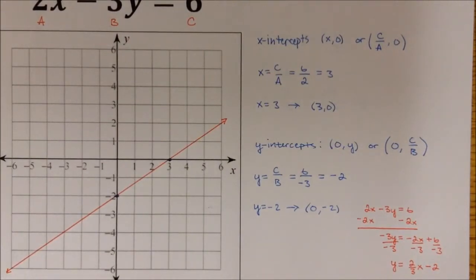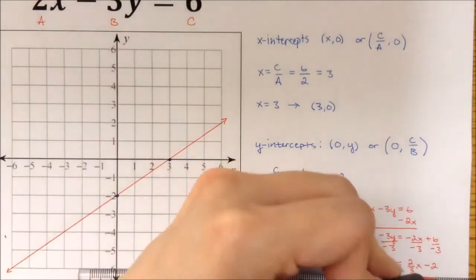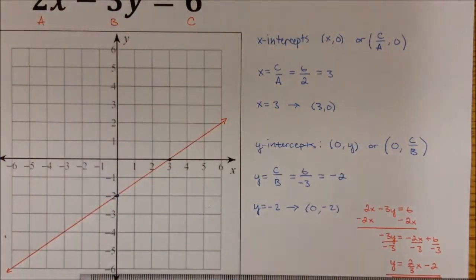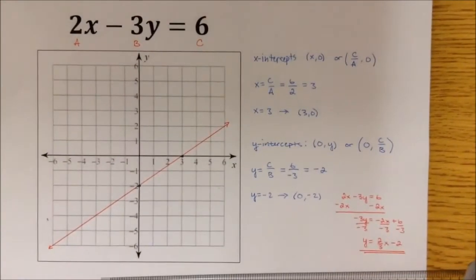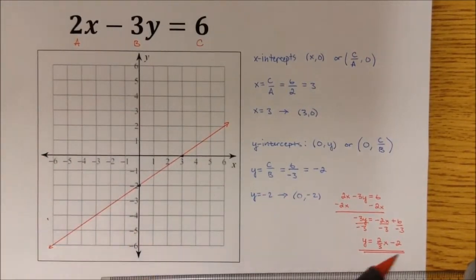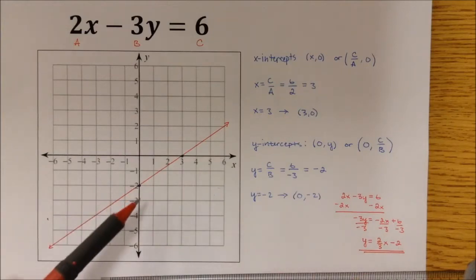Alright, so that's our equation in slope-intercept form. I'm zooming out. Now if we were to check, my y-intercept is at negative 2, so that means 0, negative 2 right here. That's correct.